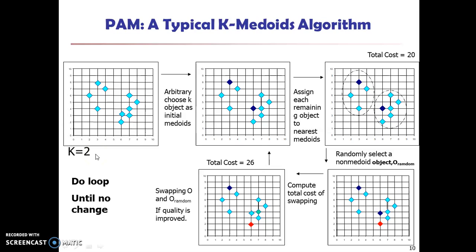See here, the first one is the given database of data points. There you have a number of data points. The given k value is 2, which means you need to create two clusters with these data points. So we identify two clusters, this is one cluster and this is another. Here we need to identify medoids. A medoid is a data point located at the center of the cluster.